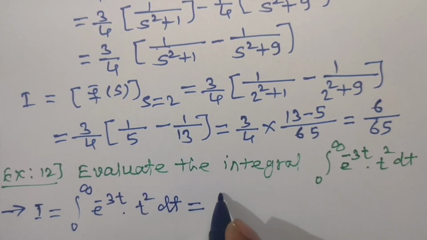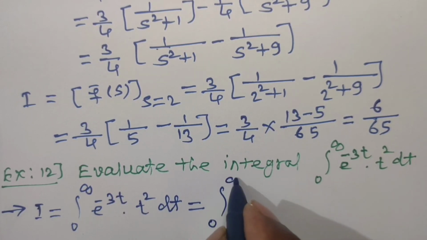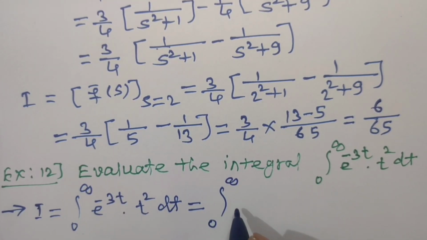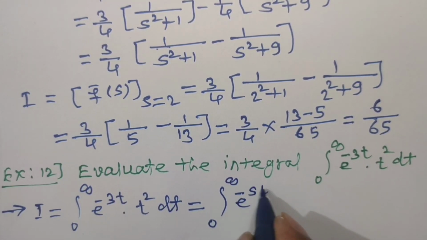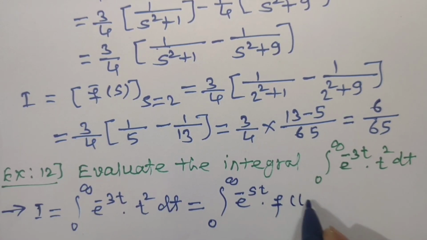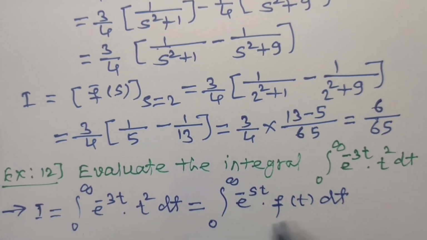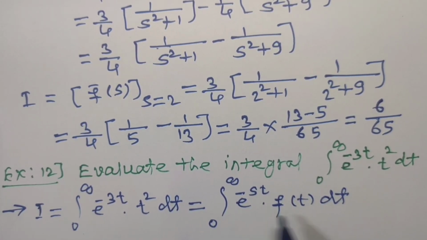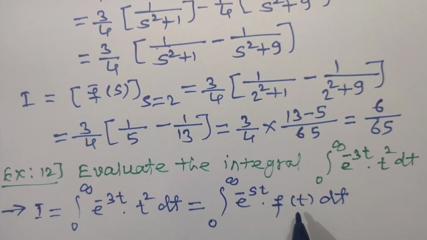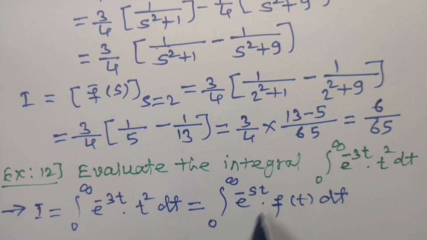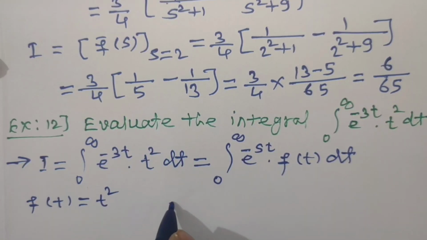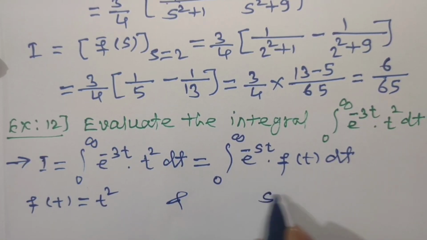Compare this integral with the definition of Laplace transform, the integral from 0 to infinity of e to the power minus st into f of t dt. The right hand side gives the definition of Laplace transform, meaning the Laplace transform of f of t. Comparing this integral with this integral, f of t is t square and s is equal to 3.